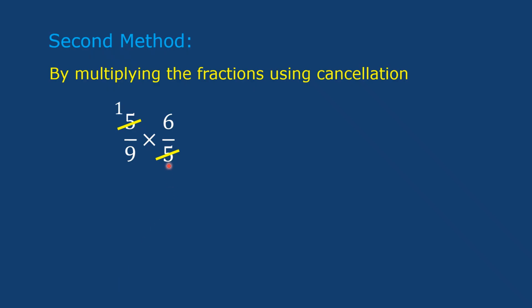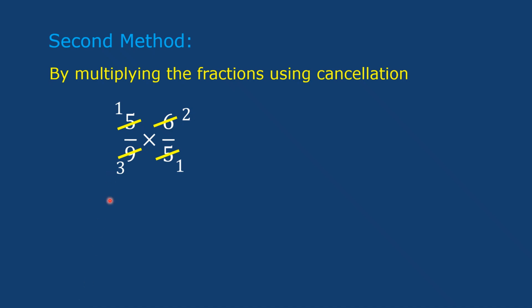And then 5 divided by 5 is also equal to 1. Cancel 6 with 9. The greatest common divisor or greatest common factor of 6 and 9 is 3. So 6 divided by 3 is 2 and 9 divided by 3 is 3.